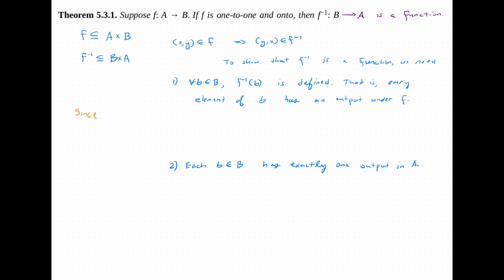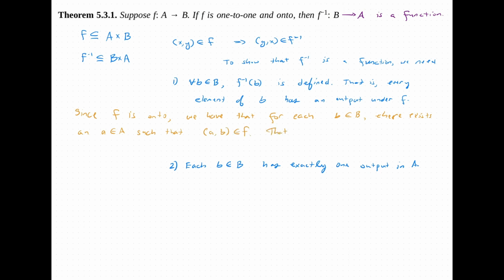Since f is onto, we have that for each b in B, there exists an a in the set A such that a comma b is in f.